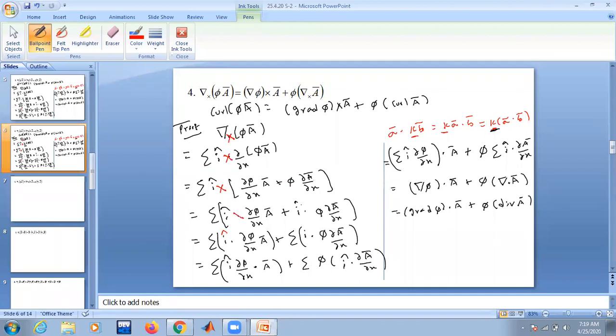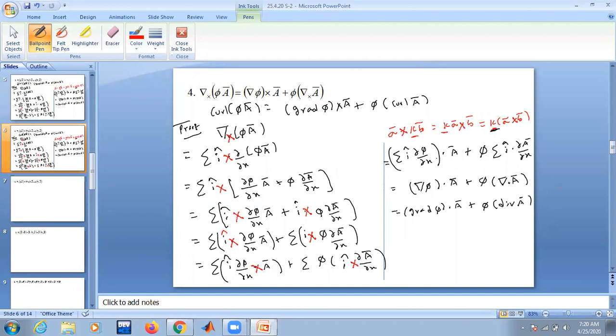Again, apply the distributive law. You know cross product is also distributive over addition. Therefore, apply the distributive law and separate the terms. Then bring the scalar to the other side, because a cross kb equals ka cross b equals k into a bar cross b bar.